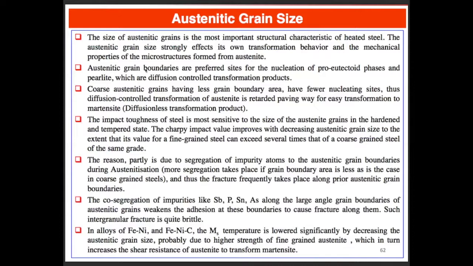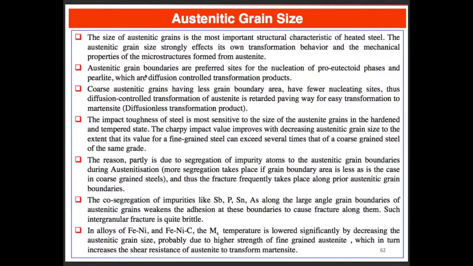So the austenite grain boundaries, all of the pro-eutectoid phases, pearlite, bainite, we all talked about them nucleating at austenite grain boundaries, right? So does it make sense that if we have very coarse austenite grains, we have much less grain boundary area, fewer nucleation sites, versus a small grain where we have easy nucleation of these phases?